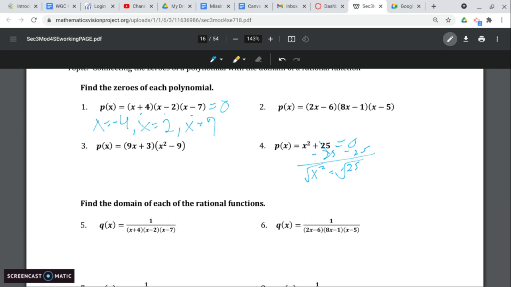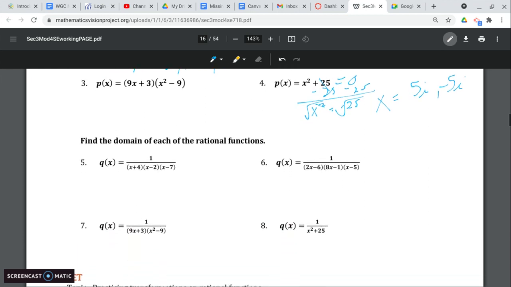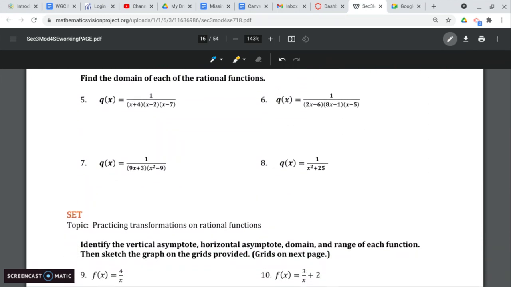We take the square root. Now, we have a negative under the square root. Remember, that can't happen except with imaginary numbers. So our solutions are 5i and -5i. Remember, anytime there's a negative under a square root, we can use the imaginary numbers to fix that.